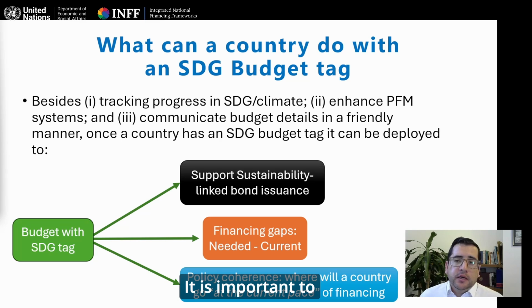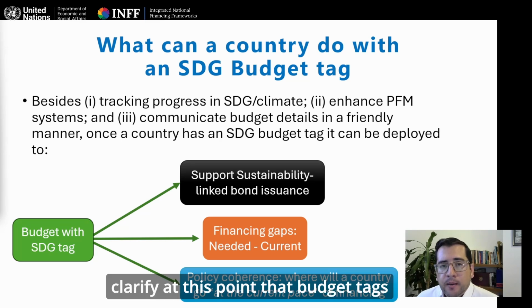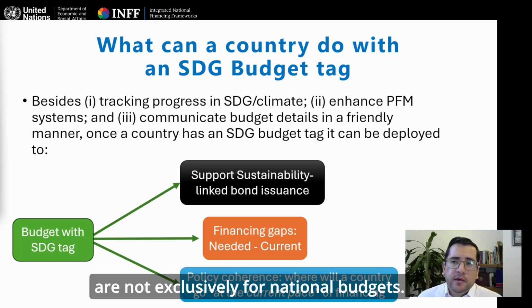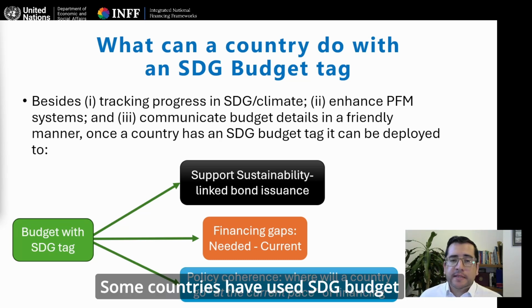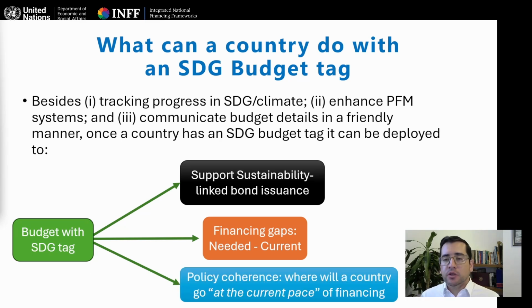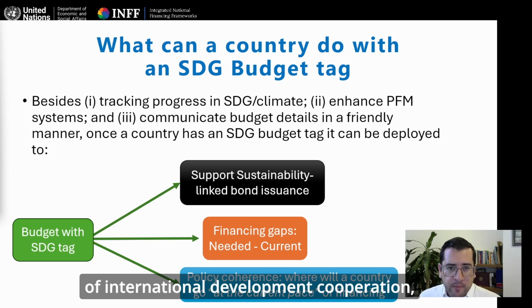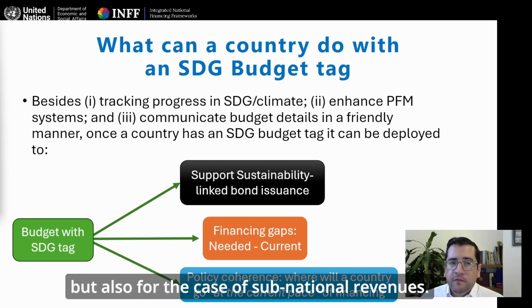It is important to clarify at this point that budget tags are not exclusively for national budgets. Some countries have used SDG budget tags to understand the direction of international development cooperation, but also for subnational revenues.